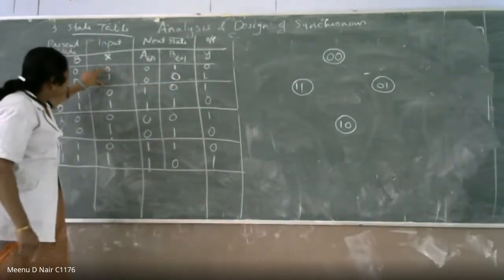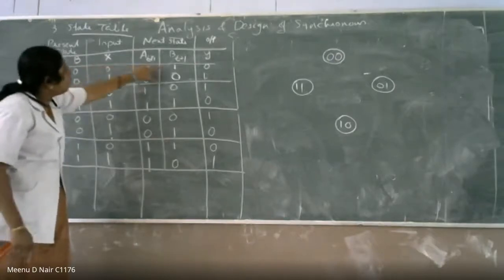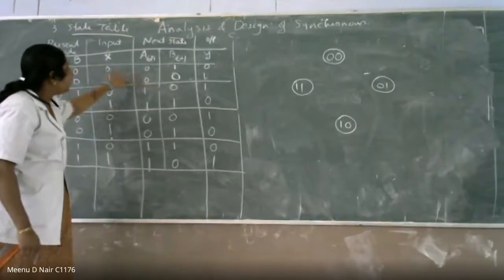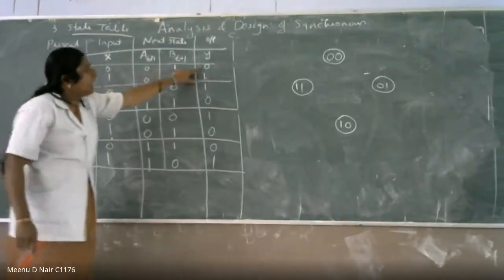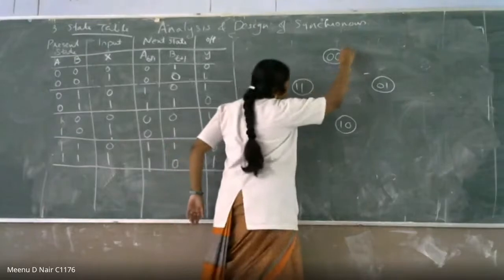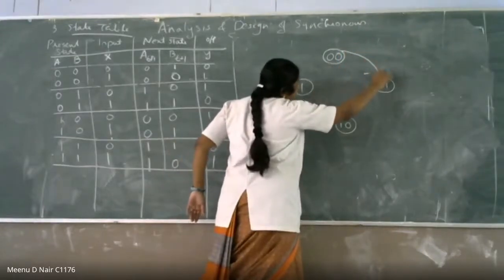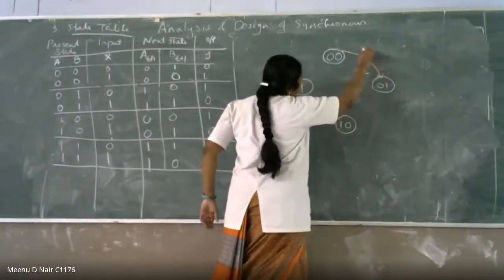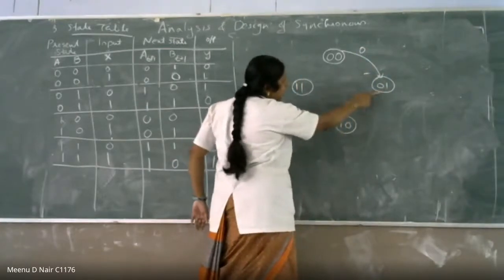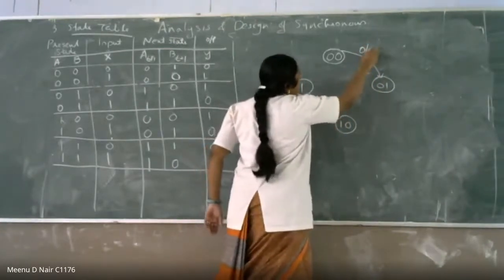Whenever you are giving an input 0, it will be moved to the next state 0, 1 with an output 0.